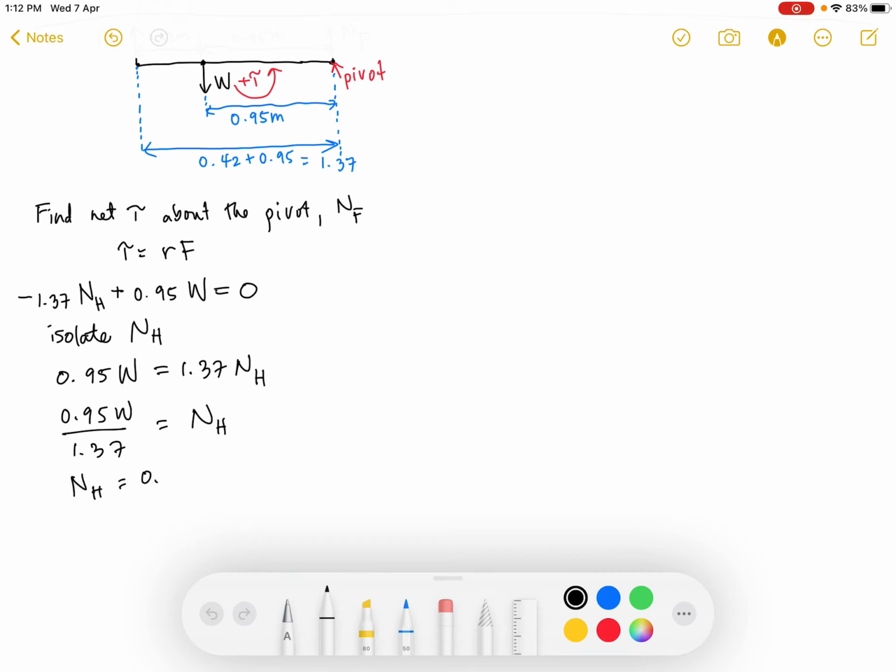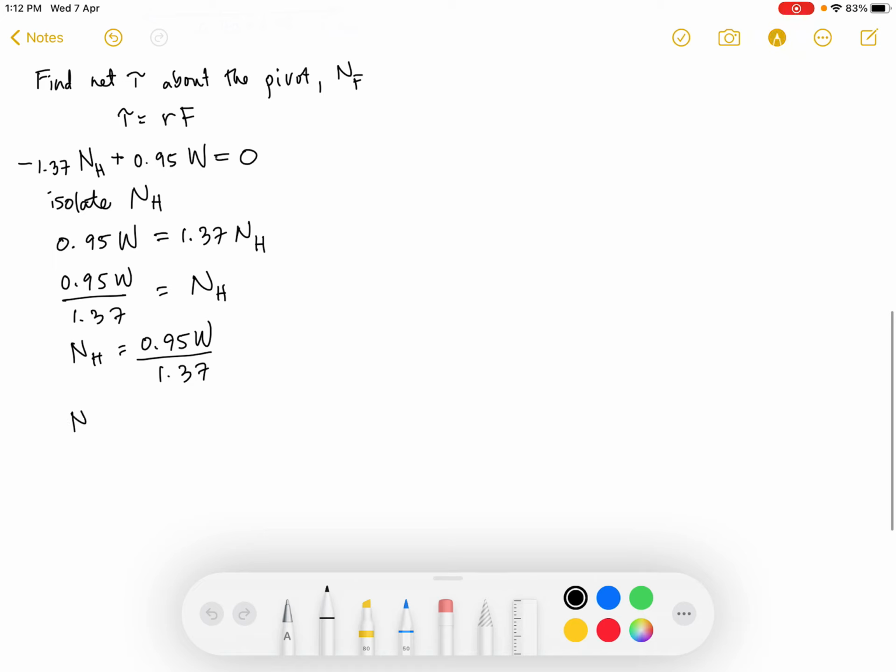Then I will be able to solve for NH because I'm given the mass of the man is 70 kilograms, and weight is equal to mass times gravitational acceleration. So this weight force W is mass times gravitational acceleration, which is 70 times 9.8.